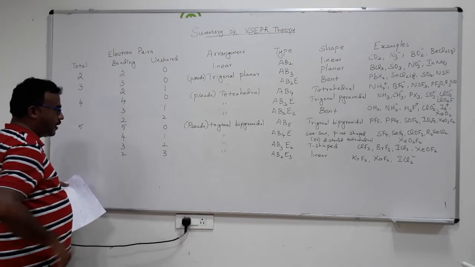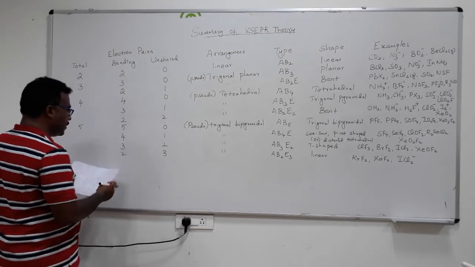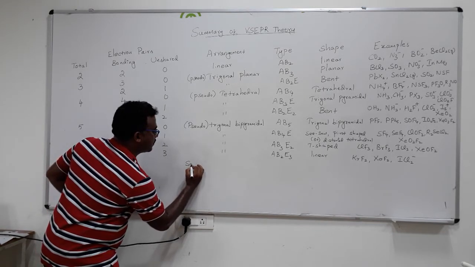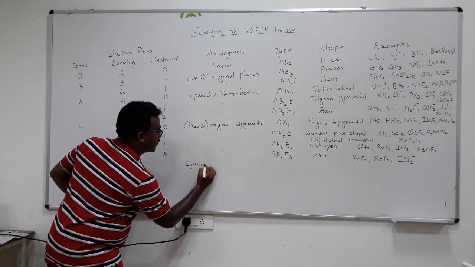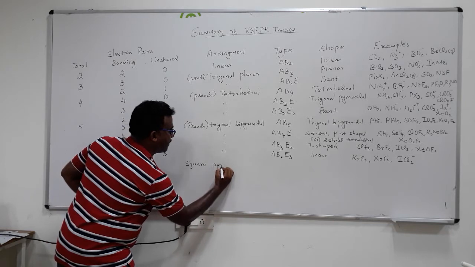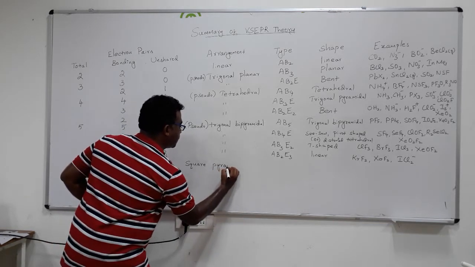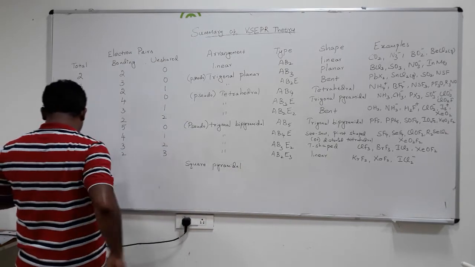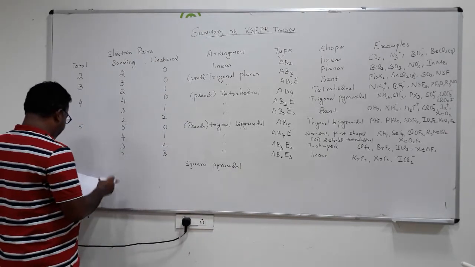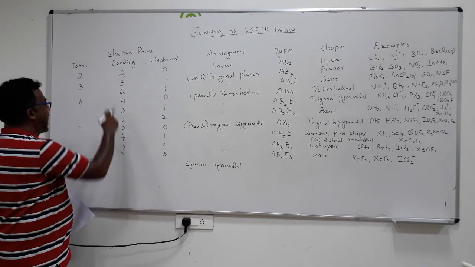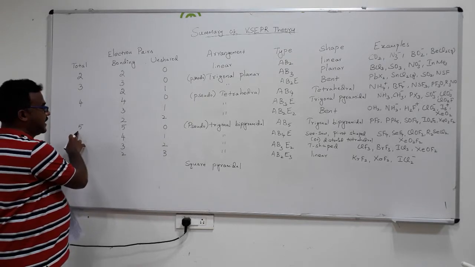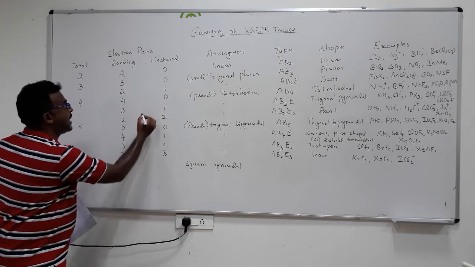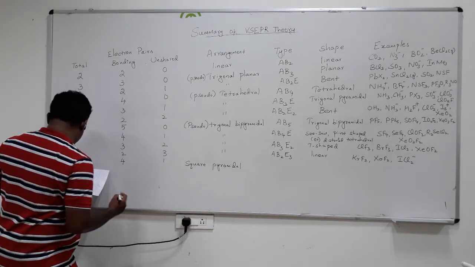Then we have again square pyramidal. It has a total of 5 electron pairs.